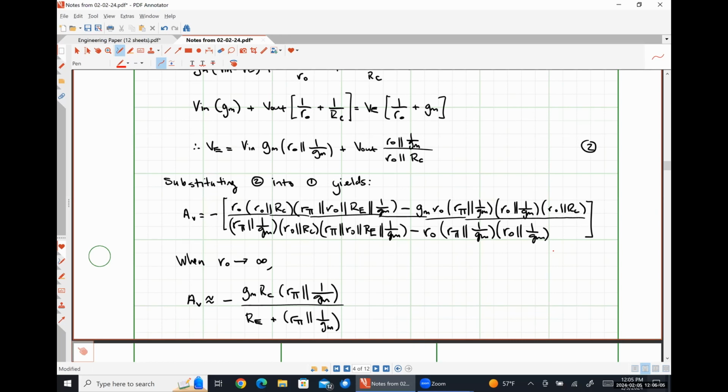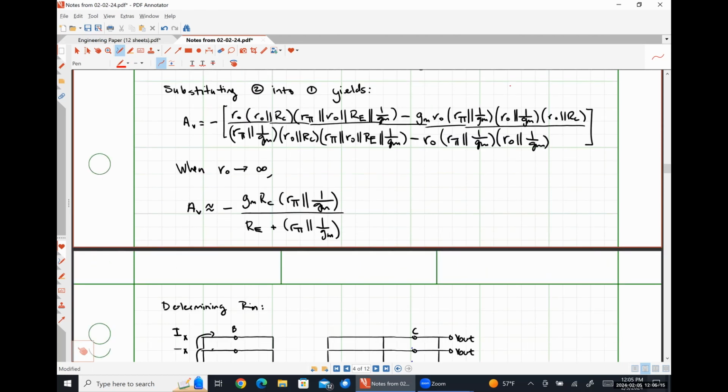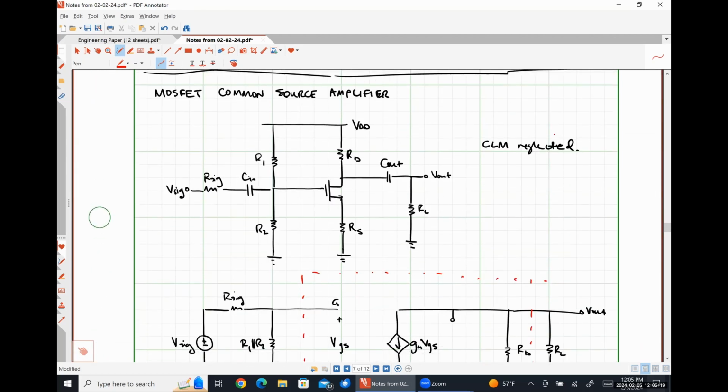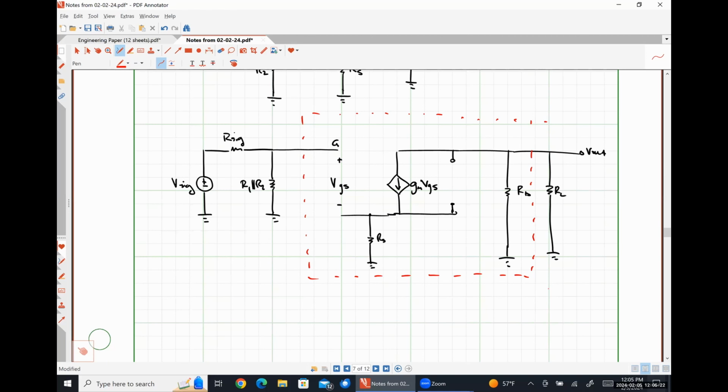Zero goes to 1 over GM. Right? Something small in parallel with something huge looks like something small. Okay. So I can take this thing right here. So for the bit that I have boxed in red, a moment ago we had AV is equal to negative GM, let me find it.